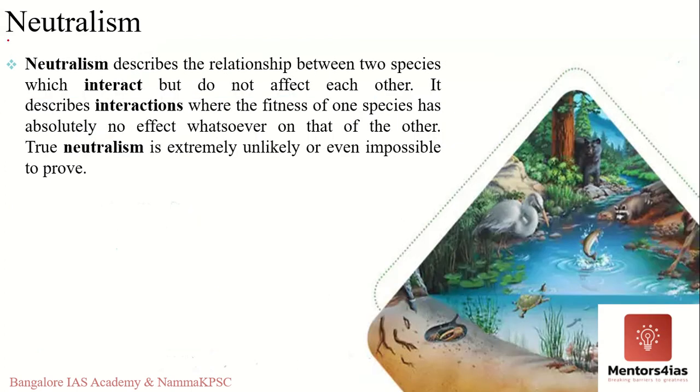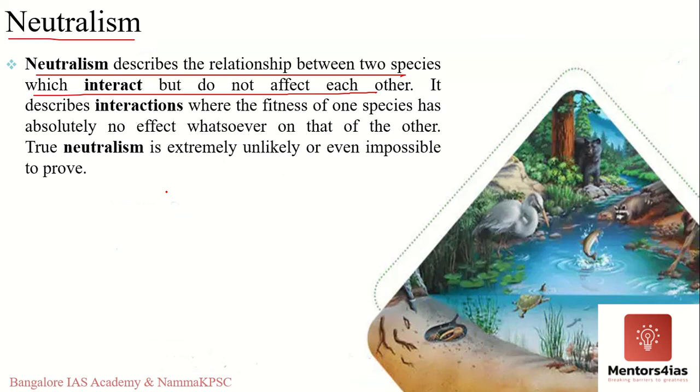Okay. Finally, we have neutralism. Neutralism is a type of interaction where there is no net benefit or harm to either species or organism. Maybe in some interspecific interactions, the costs and benefits experienced by each are exactly the same, where they are inhabiting the same space and using the same resources but have no adverse effect on each other.